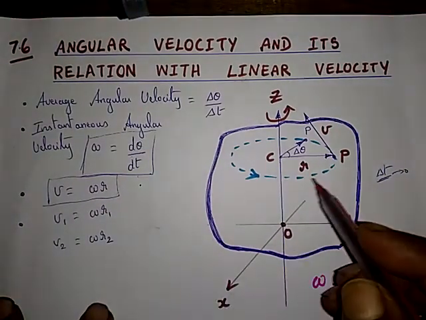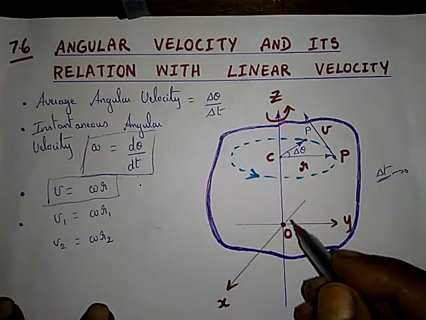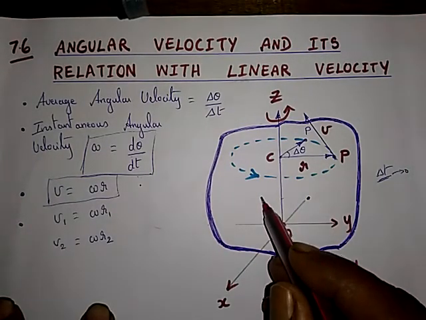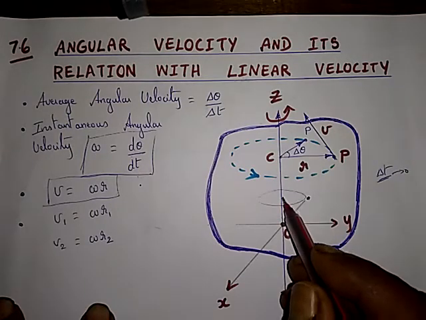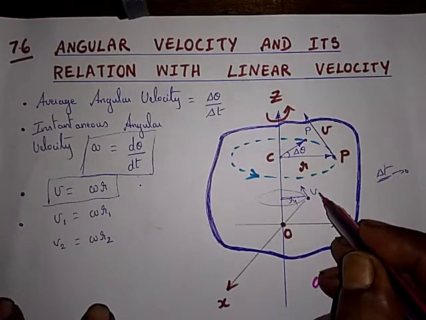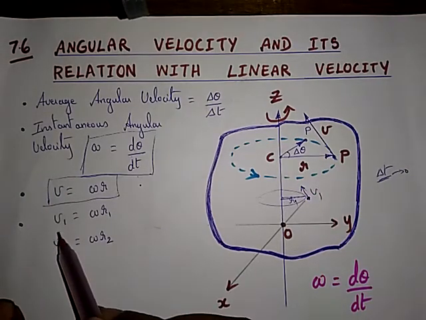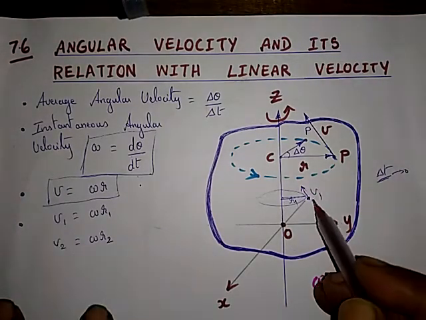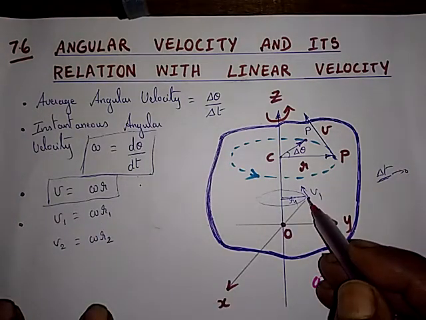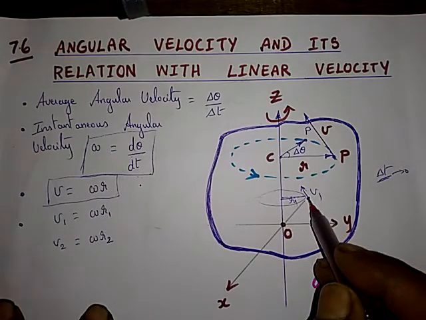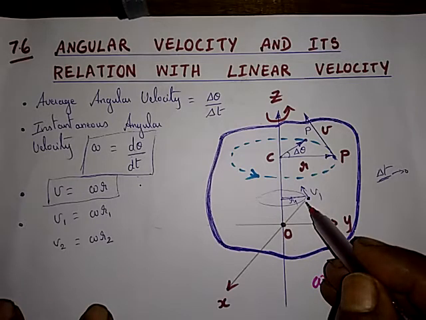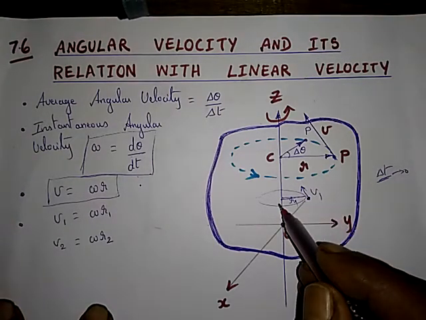Whereas a particle at a different radius, say suppose you are interested in a particle here, will have a radius, say r1, and will have a velocity v1. That is, v1 for this particle is equal to omega into r1, the linear velocity at this point having a radius r1 about the fixed axis.